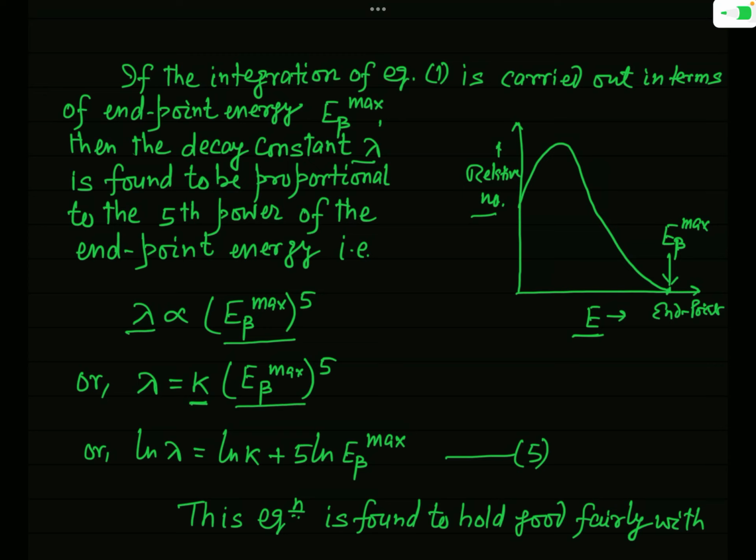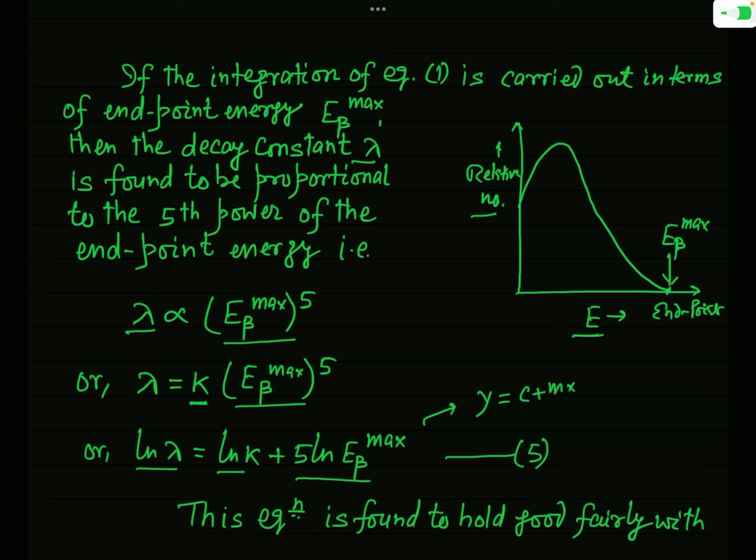Now let us take the natural log of this equation. So this will be ln lambda, that is log lambda to the base e, which is equal to ln k plus 5 ln E beta max. You can see this is just the equation of a straight line. The equation of a straight line in slope form is y equal to c plus mx.